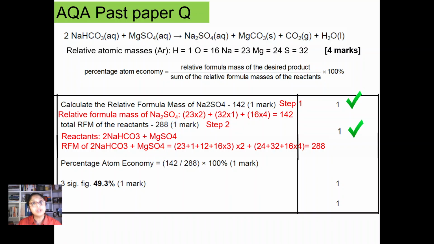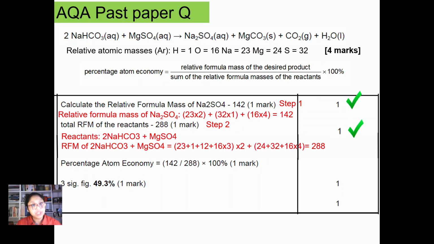So 24, the RAM of magnesium, plus 32 for sulfur, plus 16 for oxygen times 4, because there are 4 oxygens there. You add all of those up, it equals 288. Again, because there is a 2 in front of NaHCO3, you multiply the RFM of NaHCO3 by 2. If you have done that, well done.